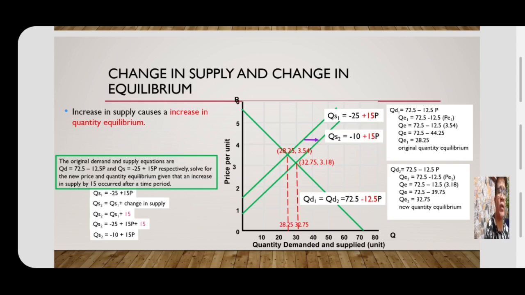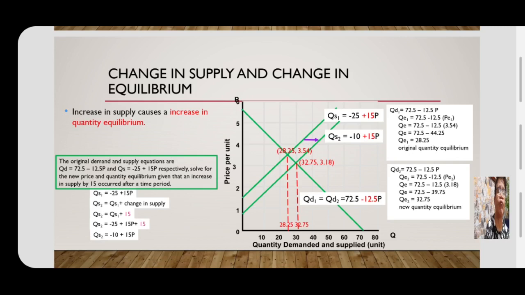So how much is the increase in quantity equilibrium? The change in quantity equilibrium is simply solved by subtracting the original quantity equilibrium from the new quantity equilibrium. So change in quantity equilibrium is QE2 minus QE1, and QE2 is 32.75 while QE1 is 28.25.